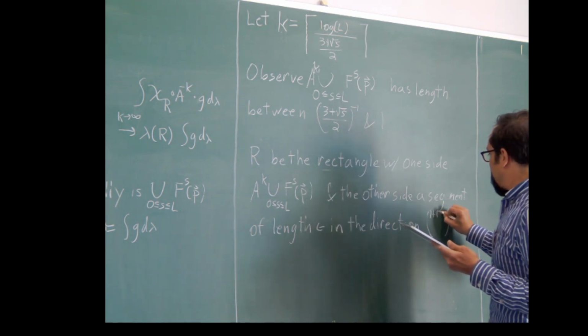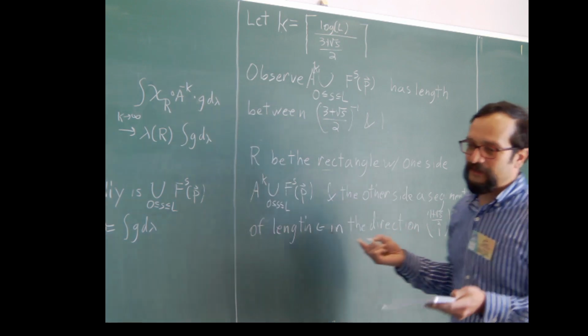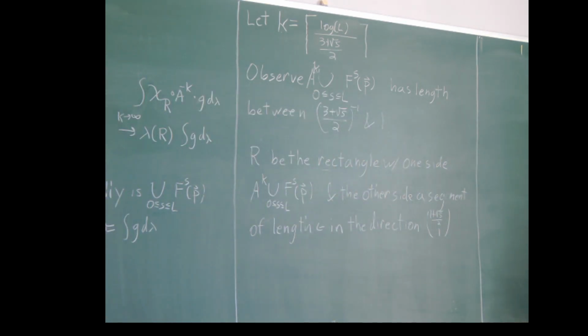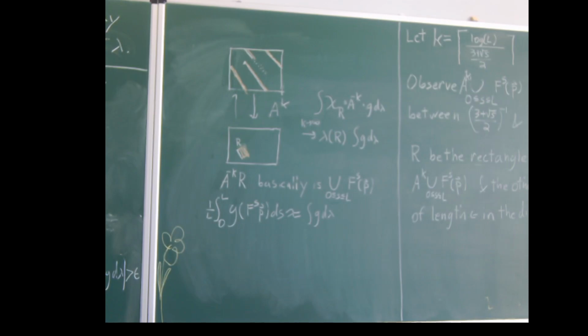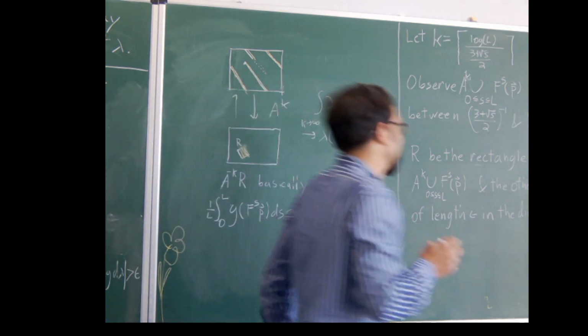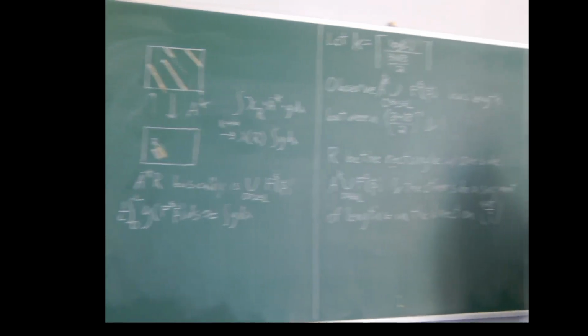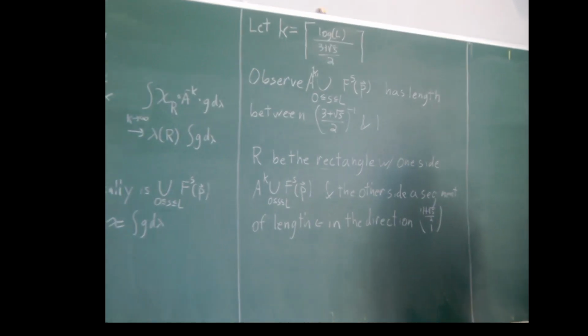And it's a good idea to make it the other one. Let's just take a moment to look at this picture. Why on earth would I want to make it the other one? Well, epsilon isn't big. Who knows what's going to happen to it when I apply A? Well, if I choose it in one of the eigendirections, everyone knows what's going to happen to it. And in particular, if it's in the expanded direction for A, it will be contracted by A to the minus k, and that will be the engine to make everything collapse onto the flow orbit. Everybody happy about this? We've seen this argument, or versions of this, a few times already, especially in the lectures yesterday.